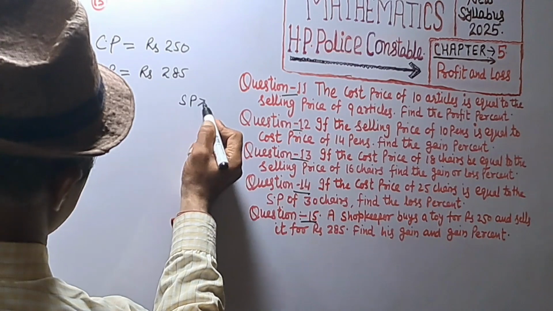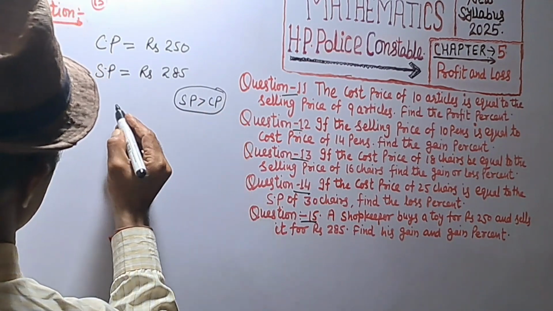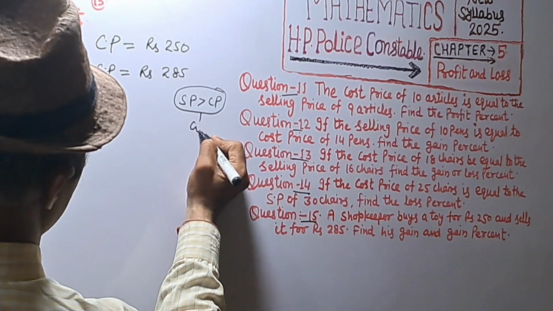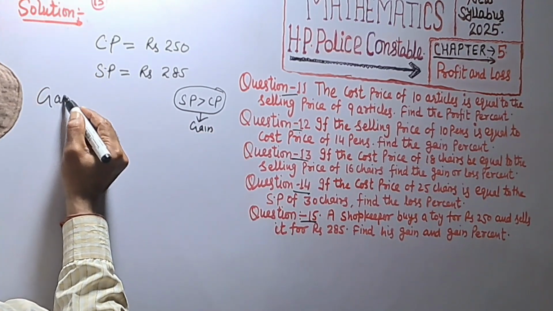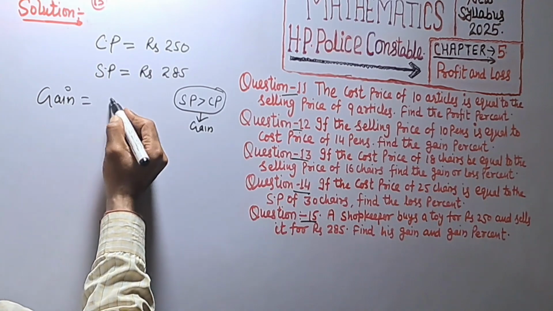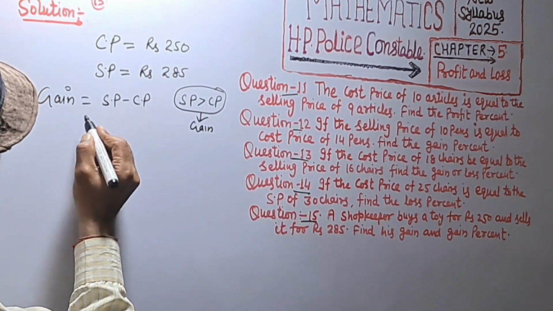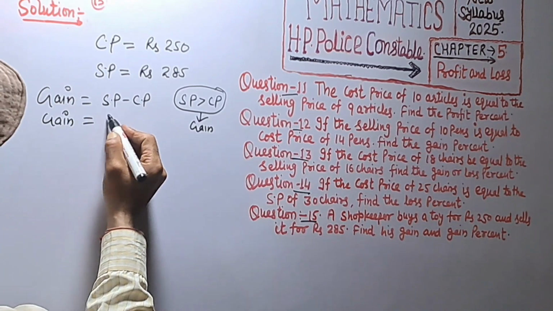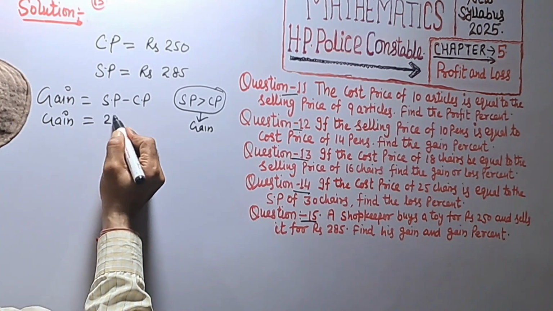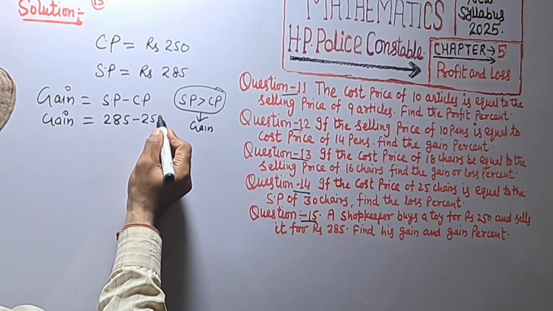Selling price is greater than cost price, then we get gain. And gain equal to selling price minus cost price. Gain equal to 285 minus 250.